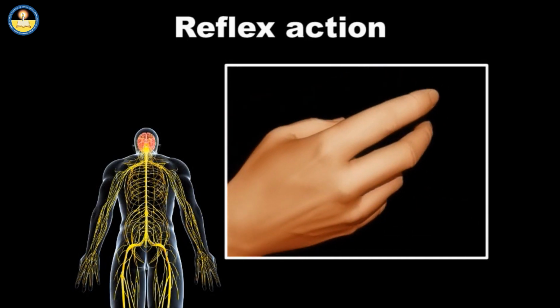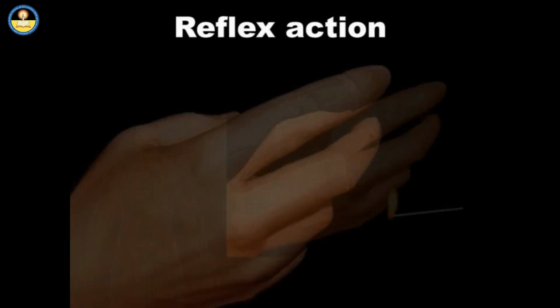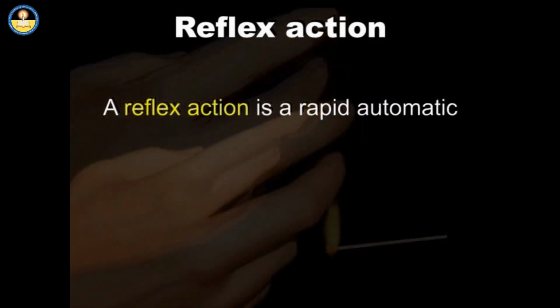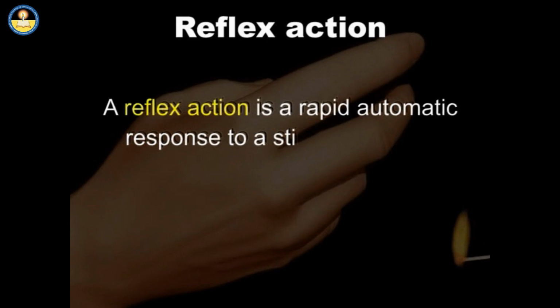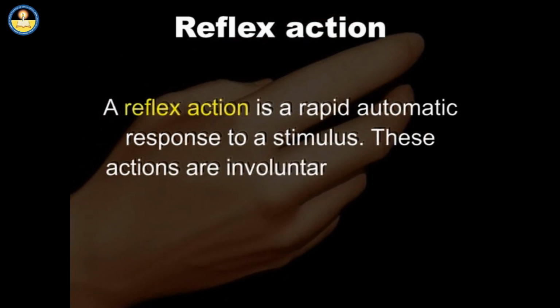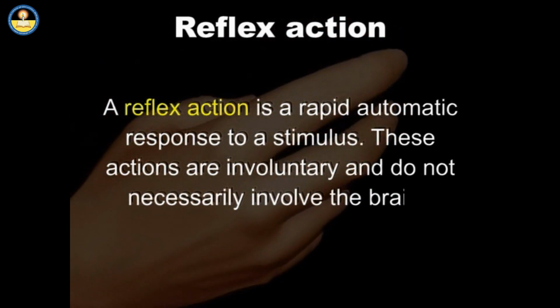If you are to think about the hot object first and then react to the heat sensation, it would take a long time, resulting in the damage to the hand. A reflex action is a rapid automatic response to a stimulus. Thinking to react to that stimulus by involving brain may take longer to perform that action.